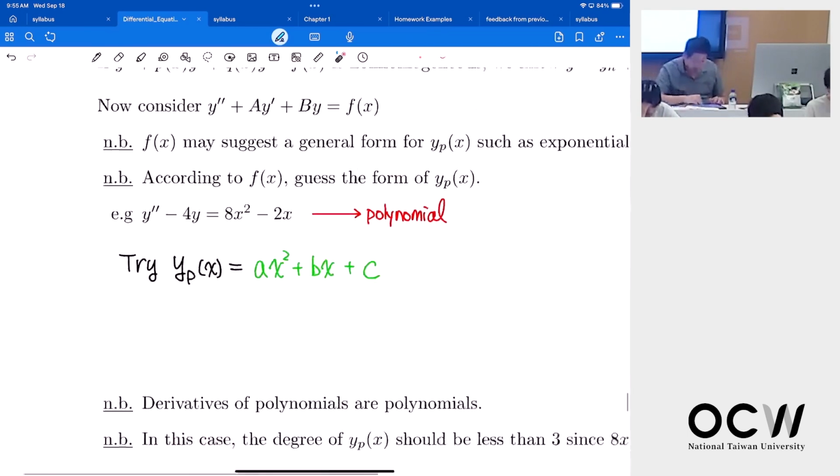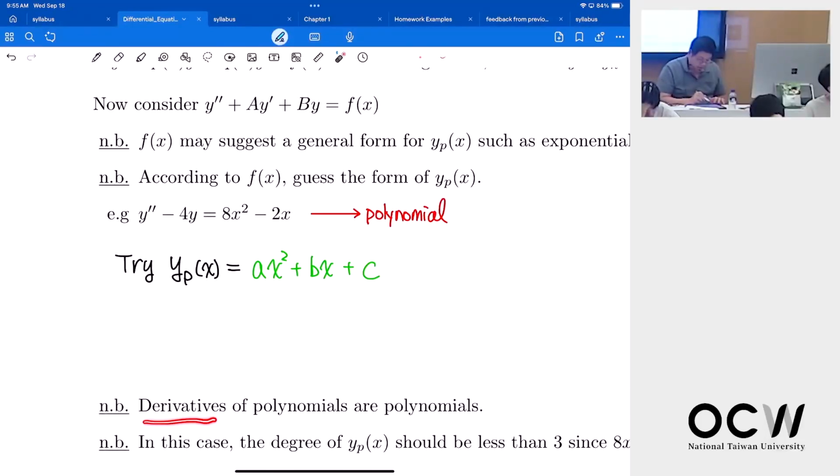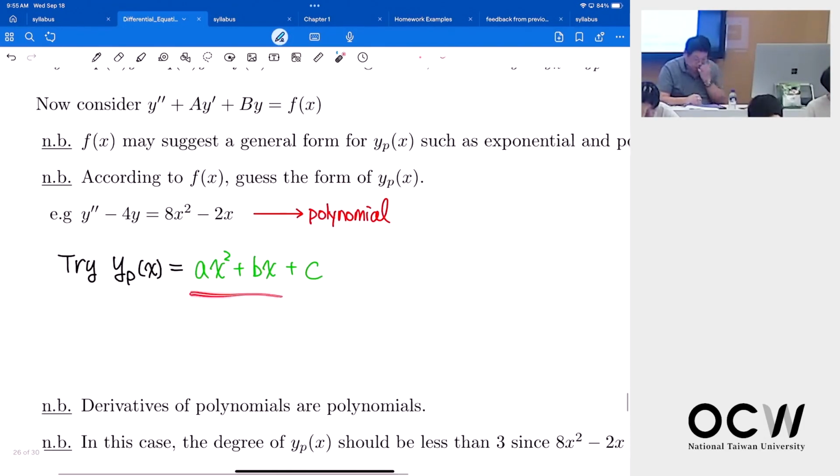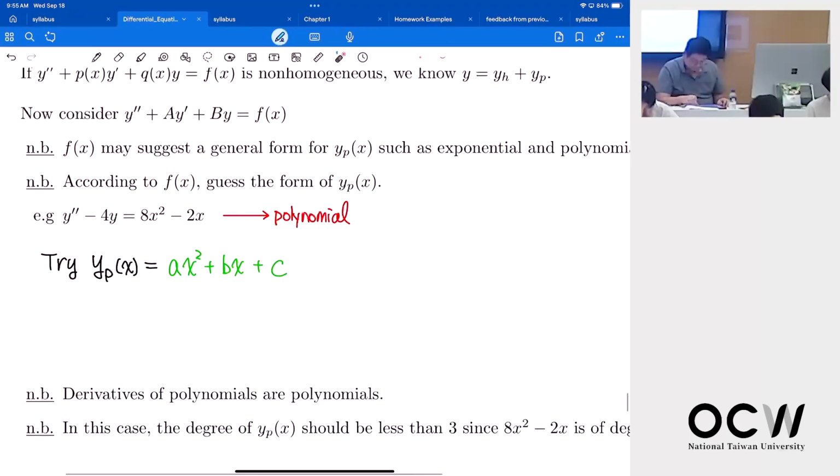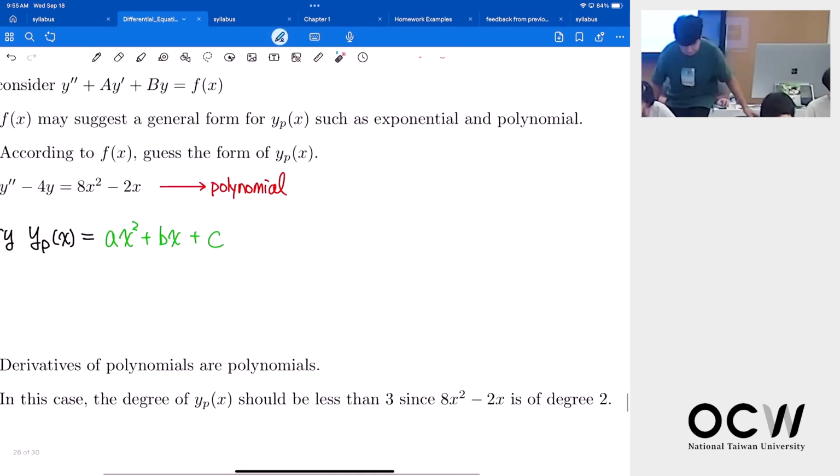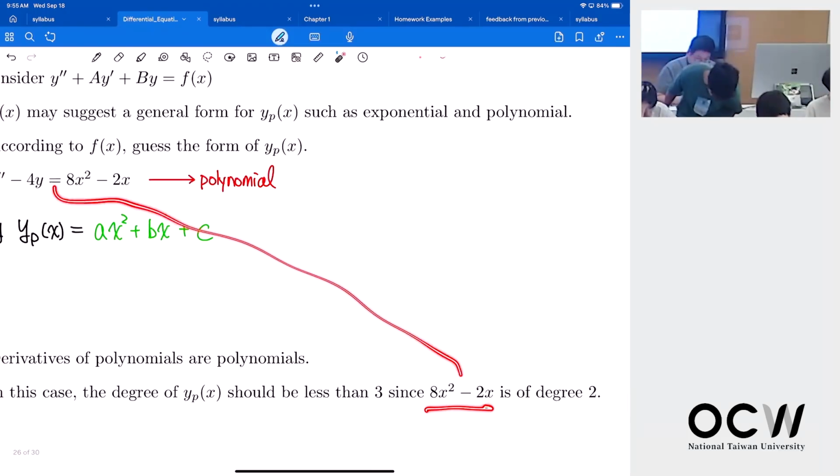And here's the note that the derivatives of the polynomials are still polynomials. So it could be the particular solution. And the degree, in this case, should be less than 3, because the order of the forcing function here is 2. You take derivatives, you cannot have the order greater than 2.